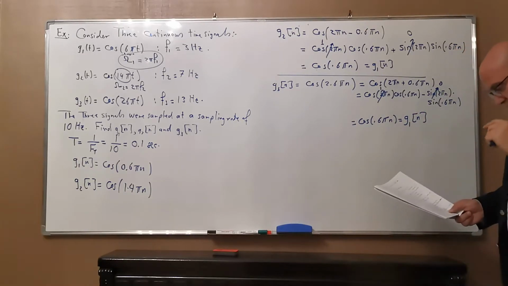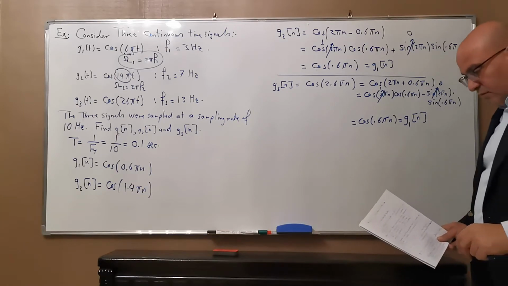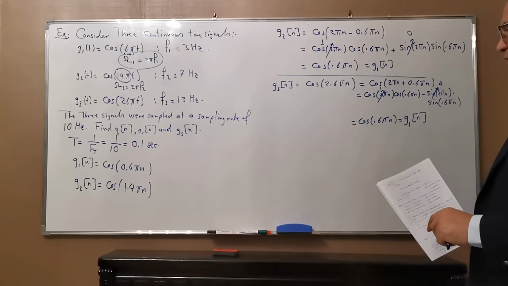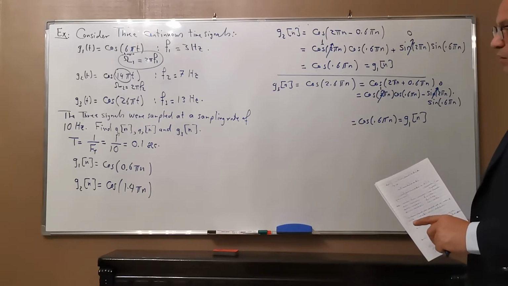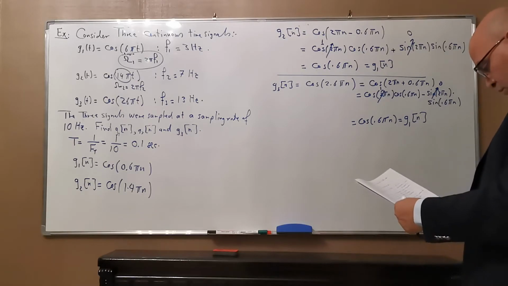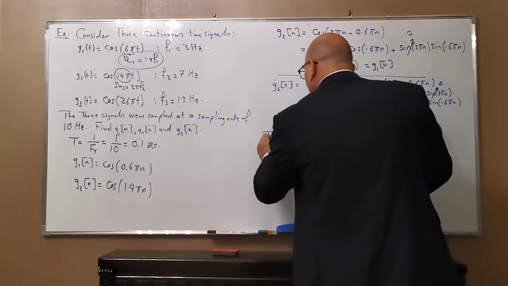So the three signals, when sampled, happen to coincide with each other. Their samples are on top of each other, and this means that they are equal.